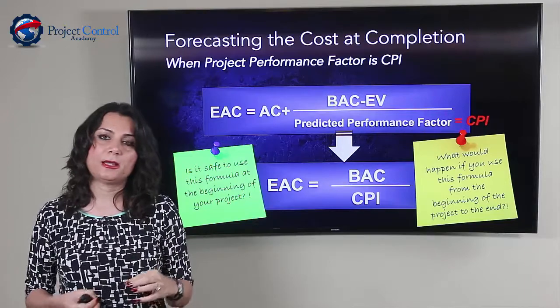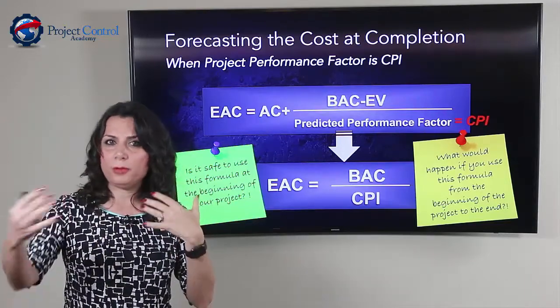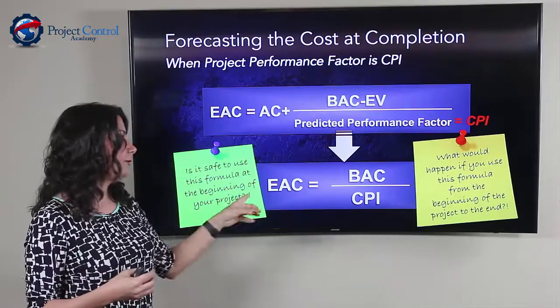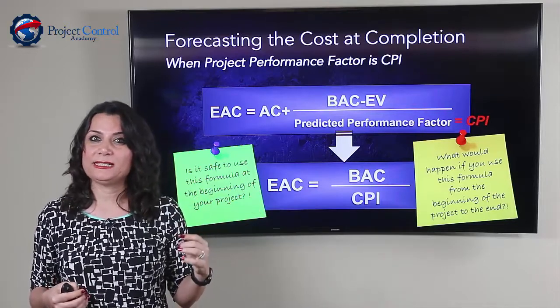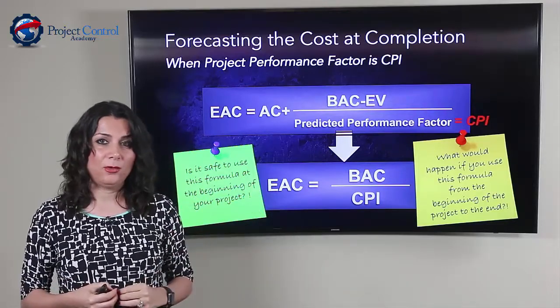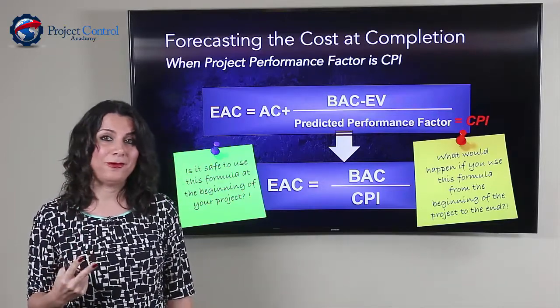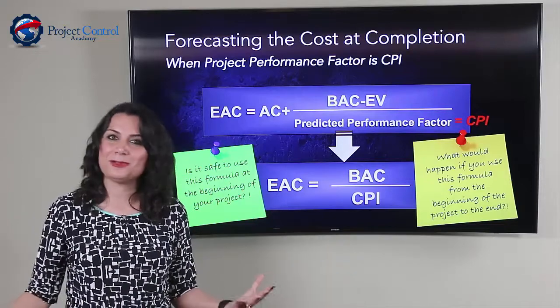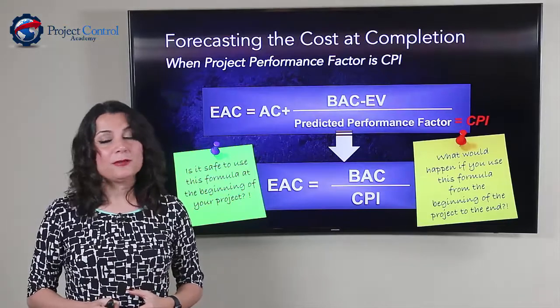So what happened a couple of months in, in a couple of reports that we issued, our forecast, using this formula, showed 8 million for a $6 million project. So we were showing the client that we need 2 million extra for this project. We had just started, like 2 months or 1 month. I don't remember exactly how long we had been in that project, but it was early on.